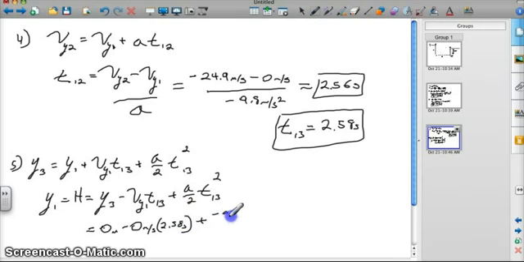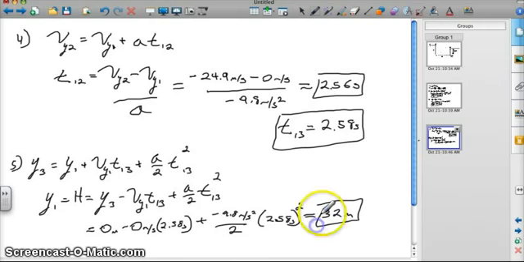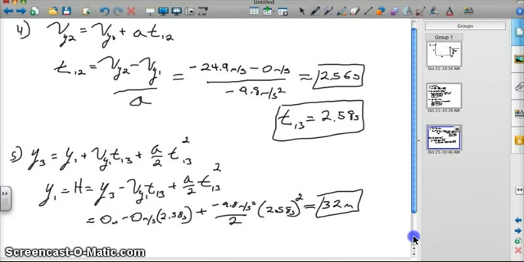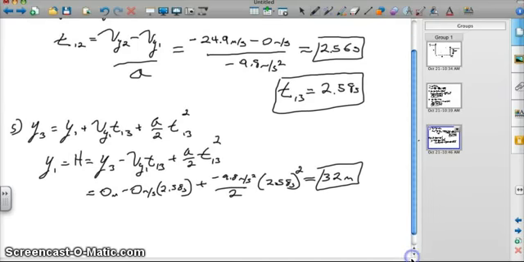And then over here is what's actually going to give us our answer. When we solve that, we get that the height was 32 meters. So the shooter was 32 meters above the bullet impact in the wall. That gives us some information and will direct us towards where we need to look.